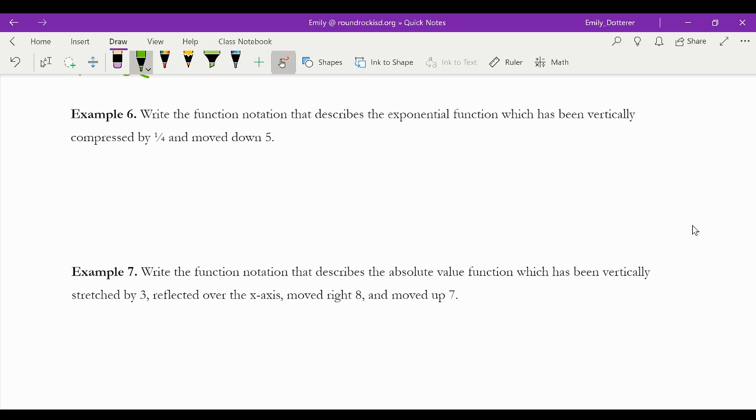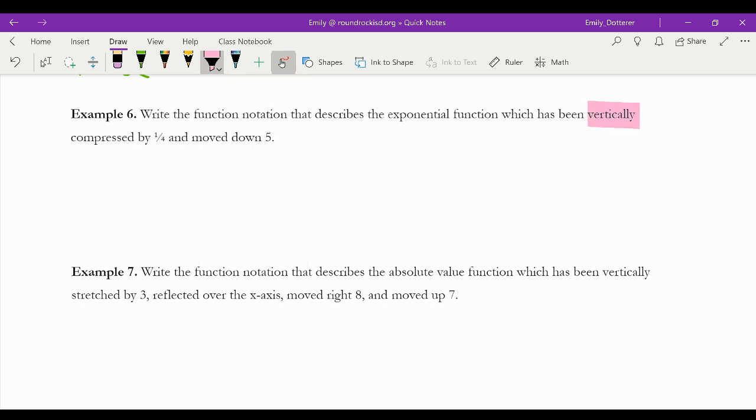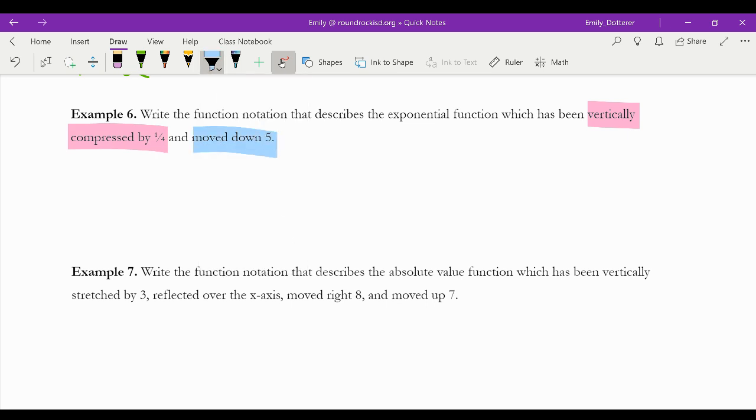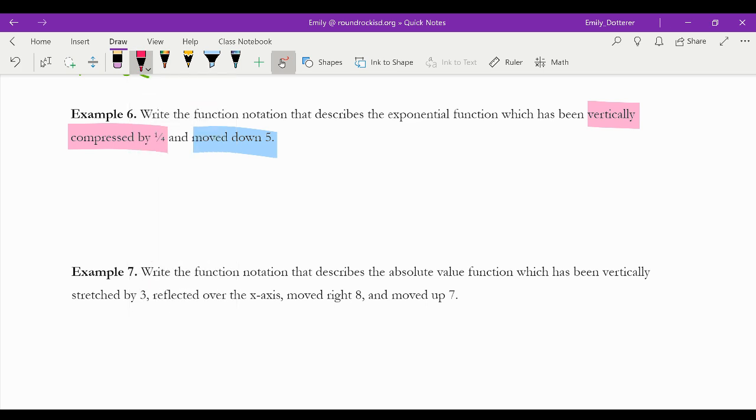Write the function notation that describes the exponential function, which has been vertically compressed by 1/4 and moved down 5. So this time it doesn't say anything about the graph moving left or right, which means we don't have to do anything with that c value.